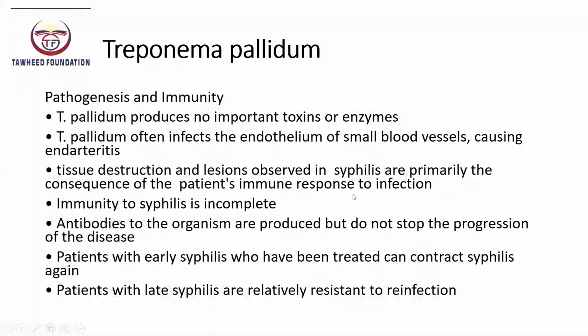It all depends upon the patient's immune response, how they react to the infection. Immunity to syphilis is incomplete. Antibodies to the organism are produced, but they do not stop the progression of the disease. Patients with early syphilis who have been treated can contract syphilis again.